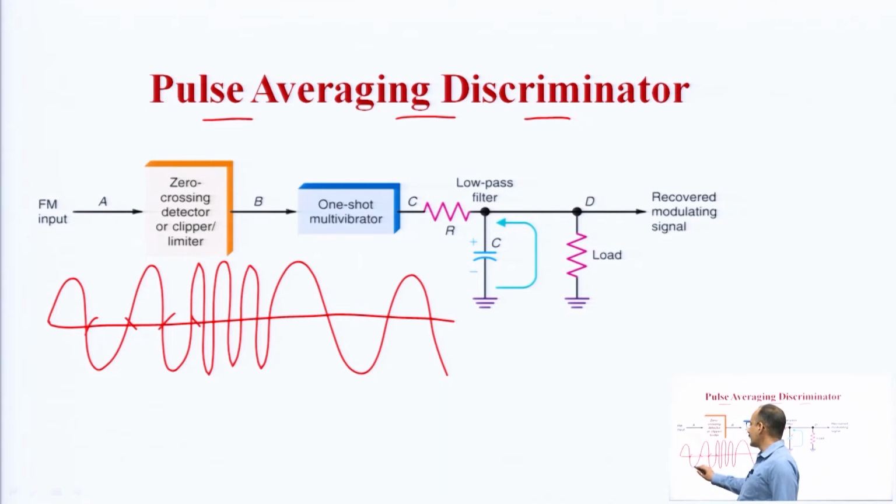You can take the minima points continuously or the maxima points continuously. Here you get the FM input, and that FM input is applied to a zero crossing detector or clipper limiter.